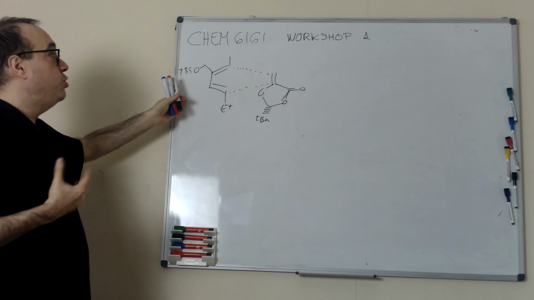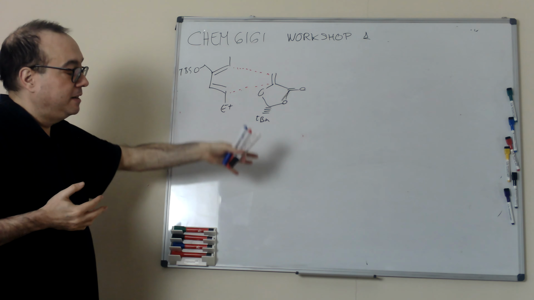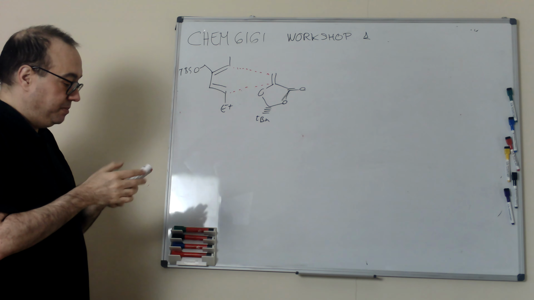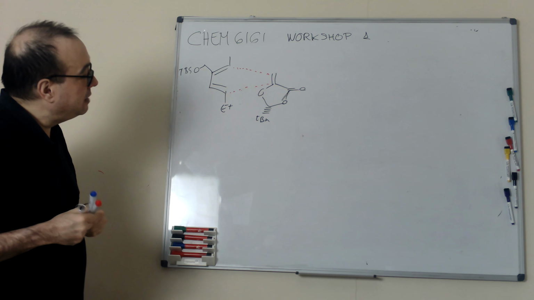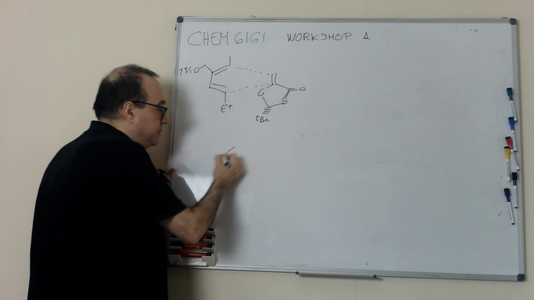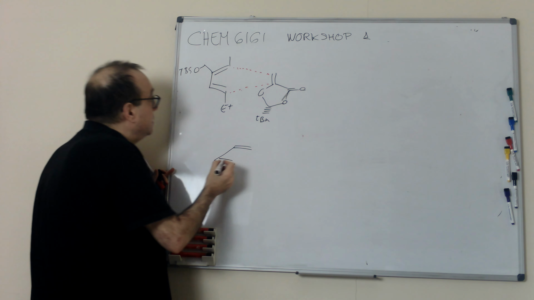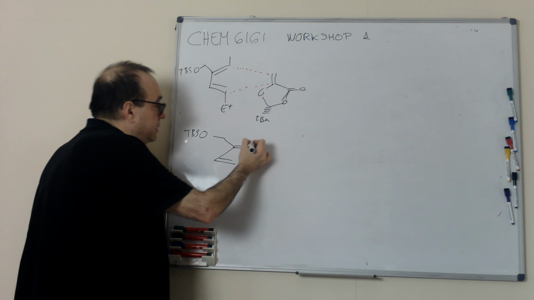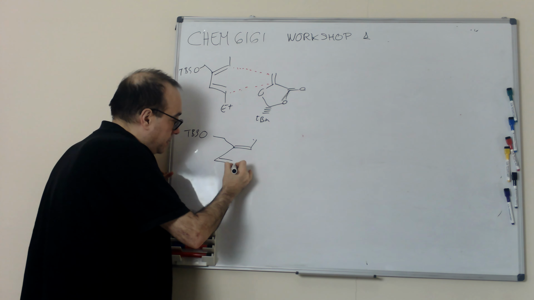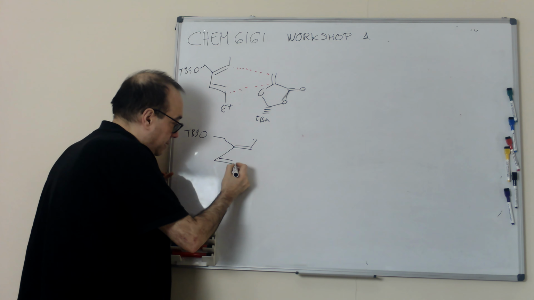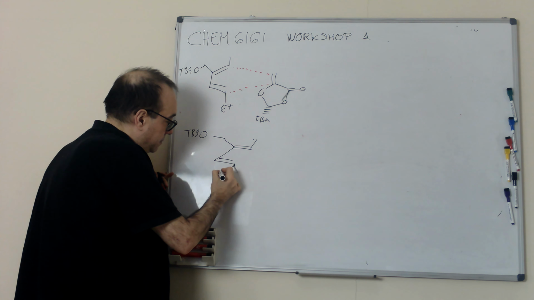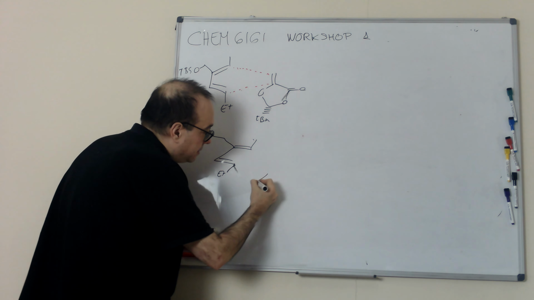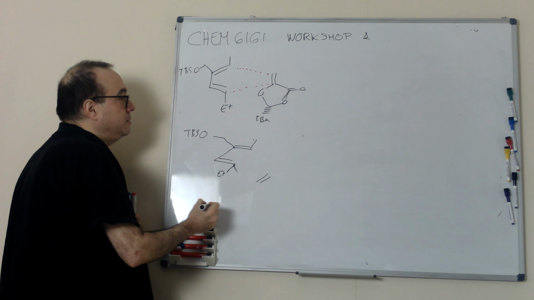In this case, it would be very difficult to know the regiochemistry of this reaction. That means we will leave it, and what we need to do is to draw the transition state. Okay, the transition state is like this, and then the approach is of the double bond.